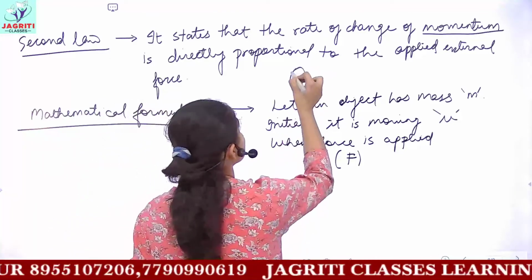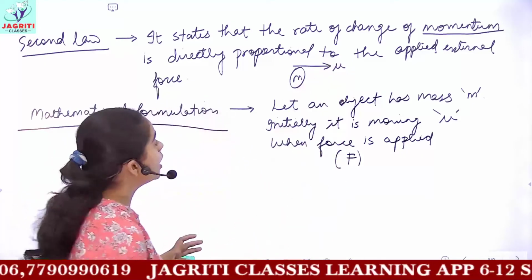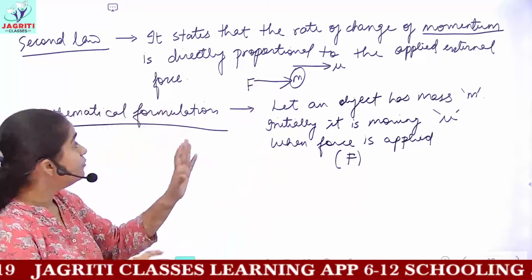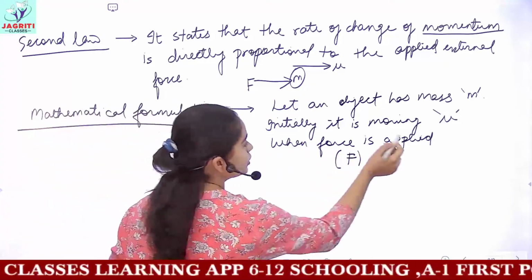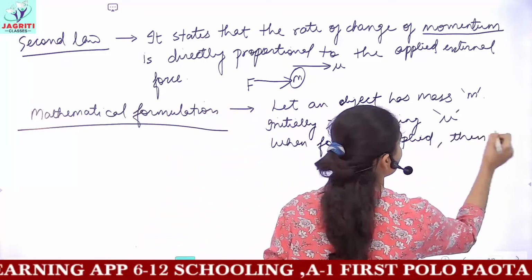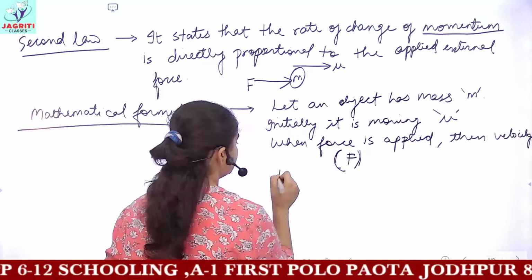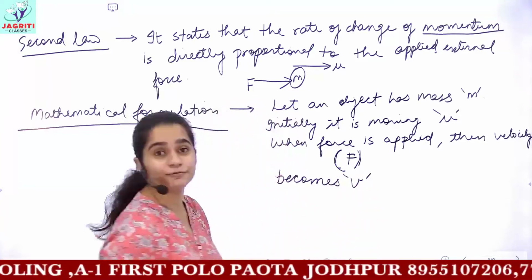Now a force is being applied on this object, and when you apply the force, the velocity will change. So when force F is applied, the velocity changes, and after changing, the velocity becomes v, that is your final velocity.